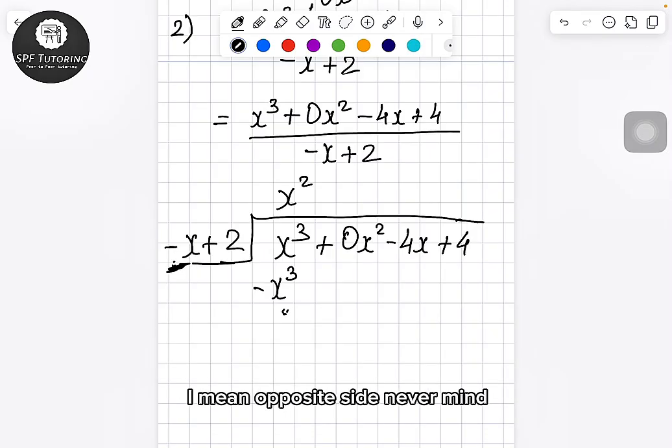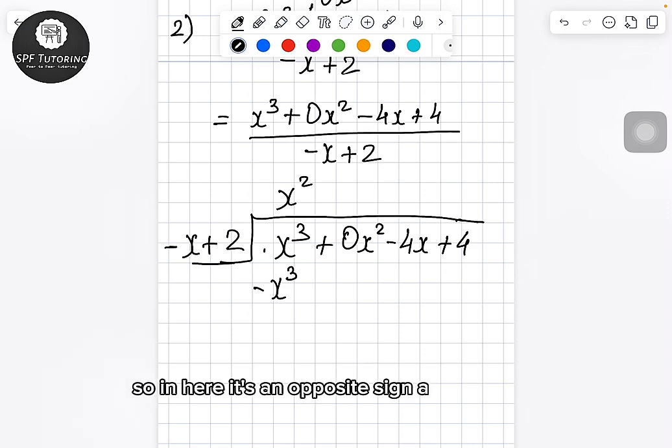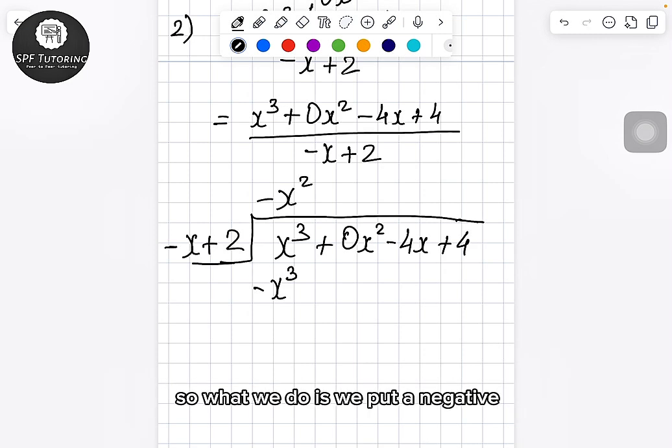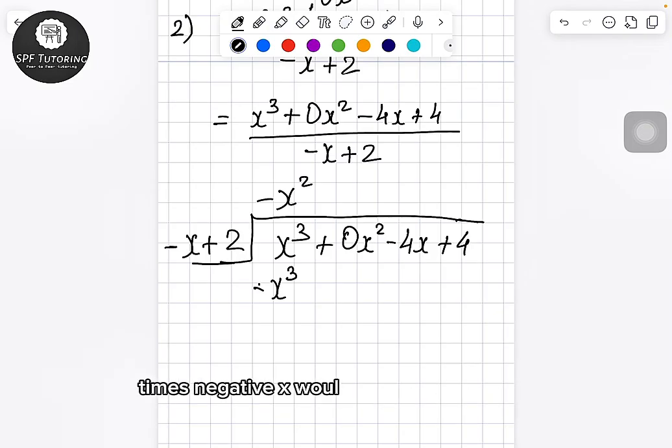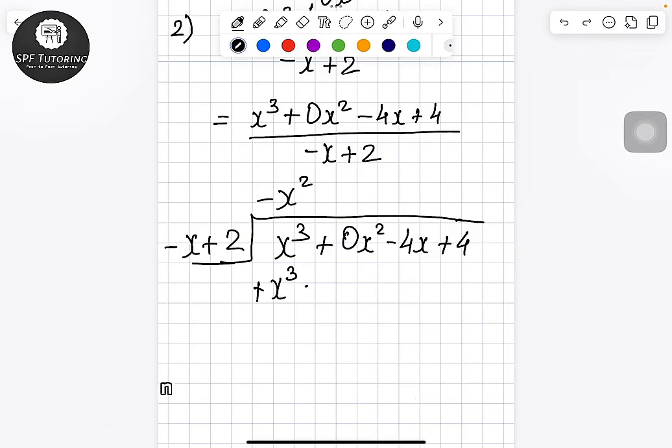It will only work if it's positive, because then the subtraction line comes in and changes it. So in here it's an opposite sign, and we don't want it. So we put a negative, because negative times negative is positive. So negative x squared times negative x gives us a positive x cubed. Then 2 times negative x squared gives you negative 2x squared.